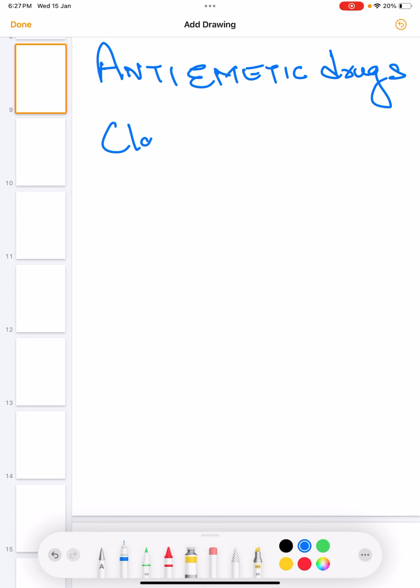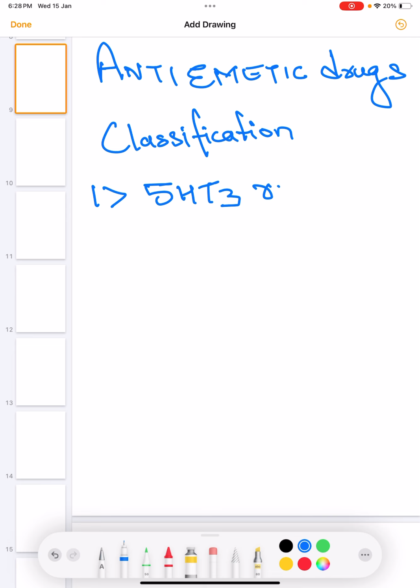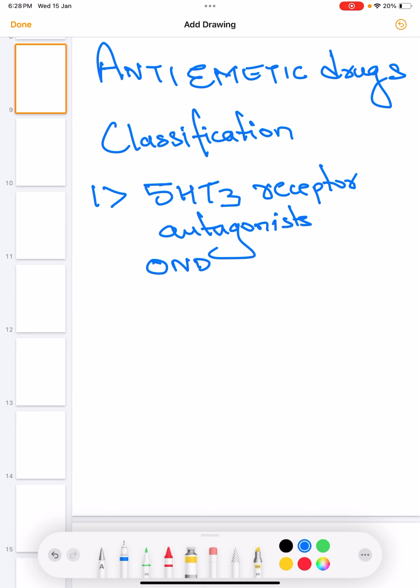On their classification. The first class of drug is 5-HT3 or serotonin receptor antagonist. One example is ondansetron. Second class of drugs is corticosteroids.